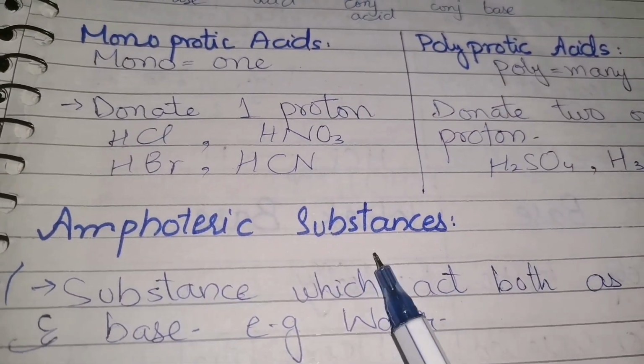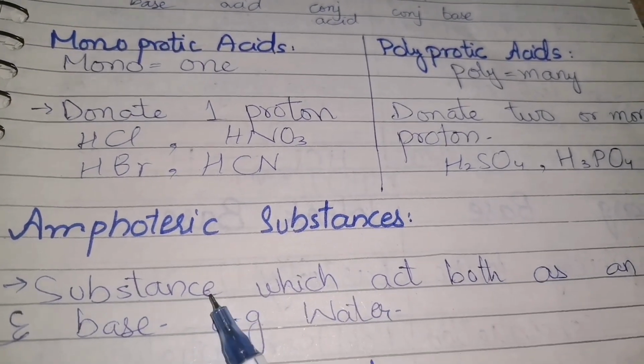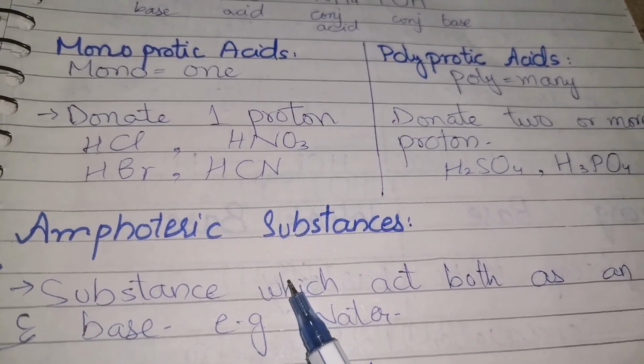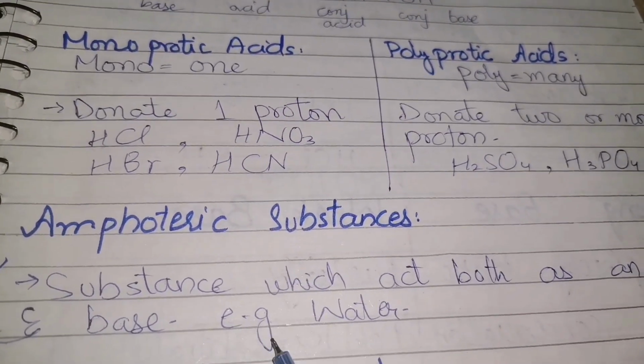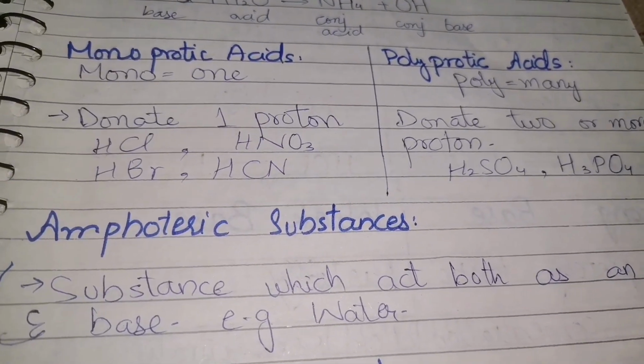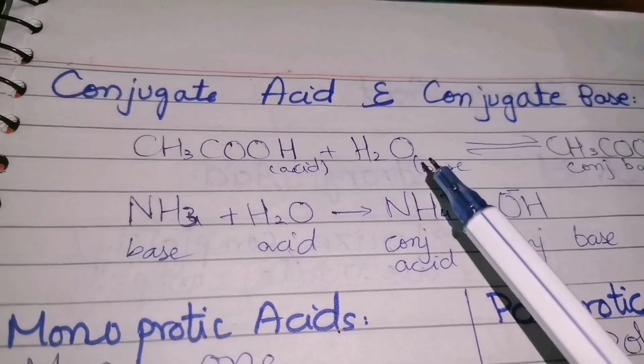The next topic is amphoteric substances. What are amphoteric substances? Amphoteric substances are those substances which can act both as an acid and base. The most common example for the amphoteric substance is water. Examples of amphoteric substance which we already studied.